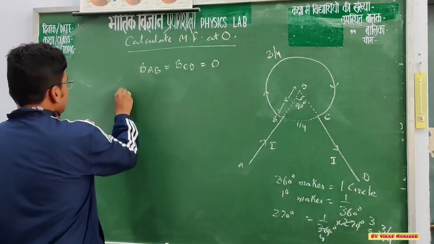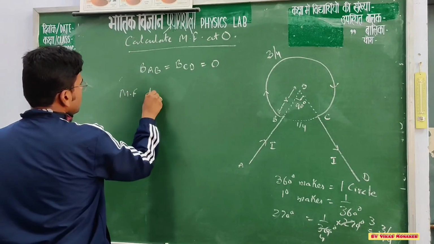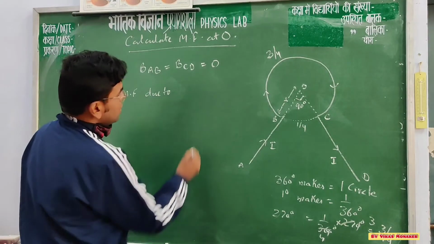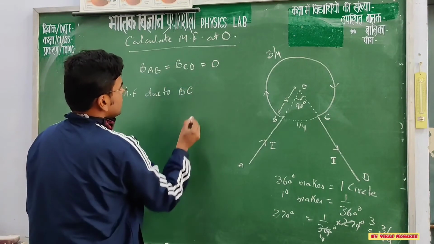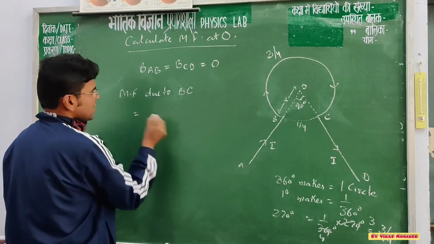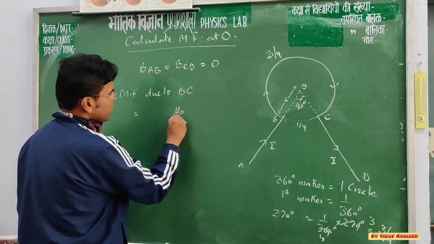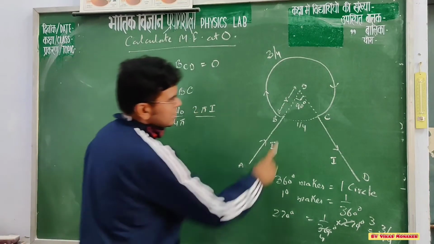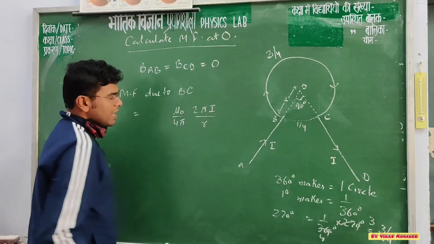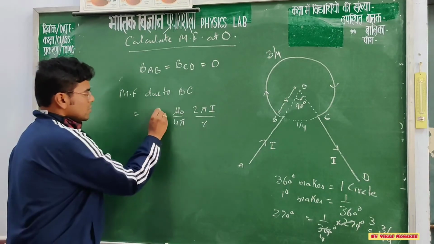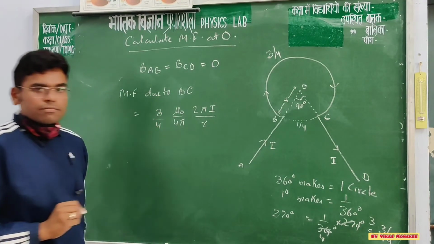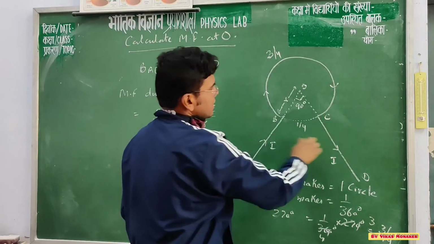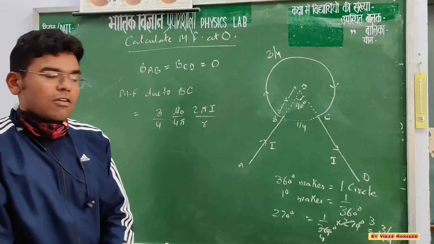So the magnetic field due to BC, which is 3/4 of the circle. What is the magnetic field due to a circle? Mu naught upon 4 pi, 2 pi I upon radius. What is the radius? R. And make it 3/4. And direction is to be taken into account. Current is flowing in the clockwise direction.